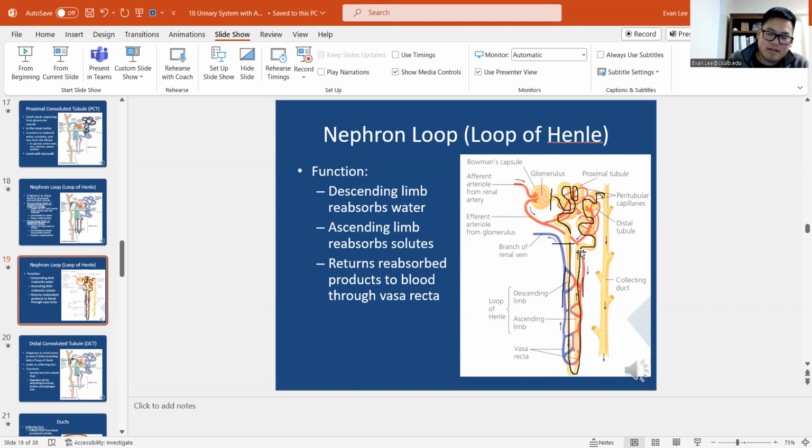But look closely, all along the kidney and the nephron, you'll see these little blood vessels surrounding it. This is called the vasa recta, which we'll talk about later, but this is basically where you're going to recollect a lot of that material coming out of your loop of Henle.